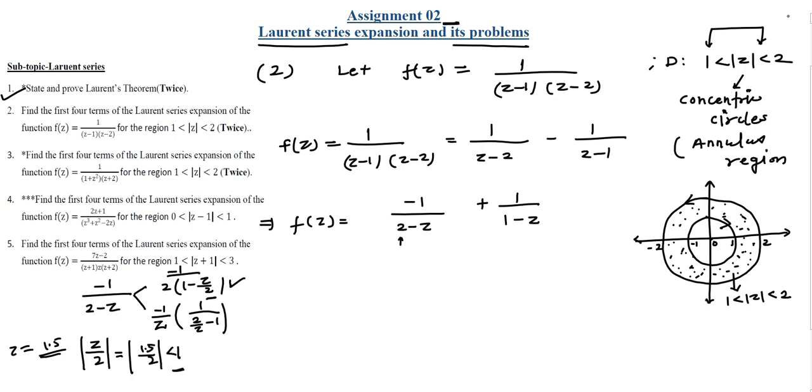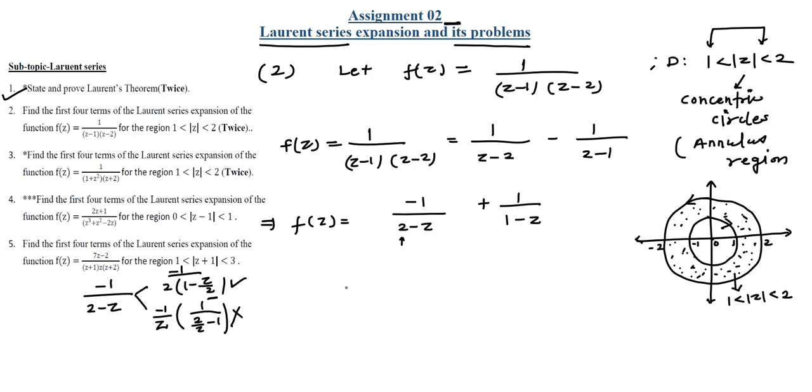If I use the other form, |2/z| = |2/1.5|, which is greater than 1. In this domain the series will not be convergent, so this is not possible. So by using that, we can write -1/2 (1 - z/2)^(-1).